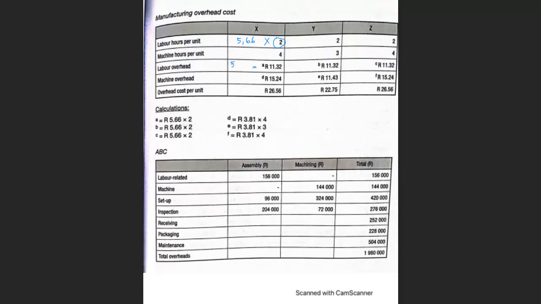So this labor overhead cost is calculated by the cost of 1 hour times how many hours we need, which is 2 hours, and that gave you 11 Rand 32. The same here for Y. Each hour costs 5 Rand 66. We need 2 hours, and that's 11 Rand 32. And again here, each one costs 5 Rand 66. We need 2 hours, and that's 11 Rand 32.